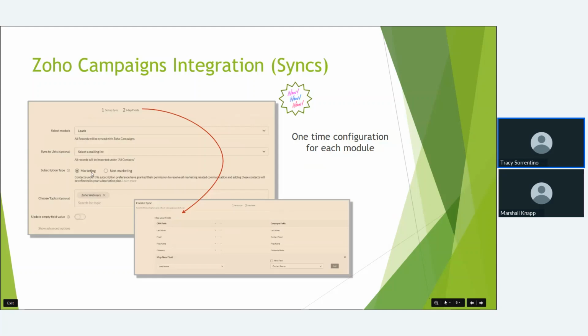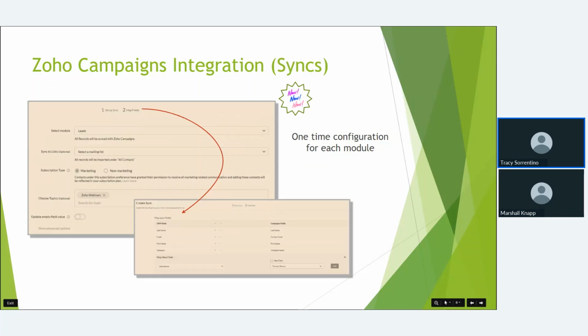Okay, so if you have marketing contacts, let me give you an idea of how you want to think of this. As you're syncing your contacts, adding your contacts, maybe adding a sign up form to get contacts into Zoho Campaigns, you have to determine whether their subscription type is either marketing or non-marketing.